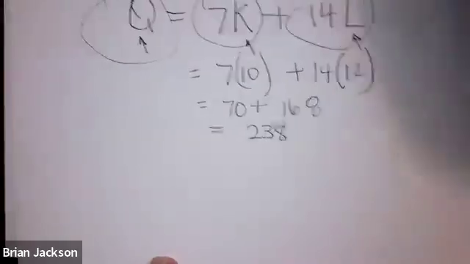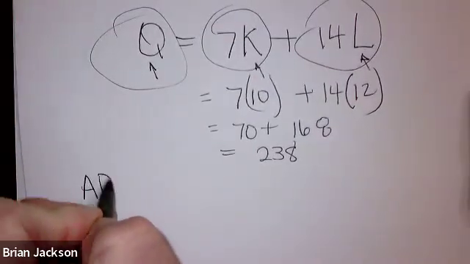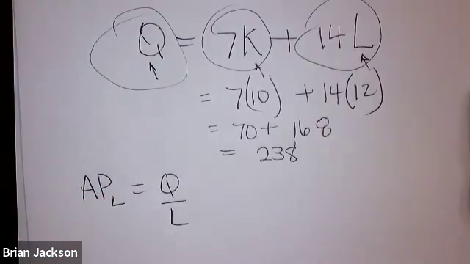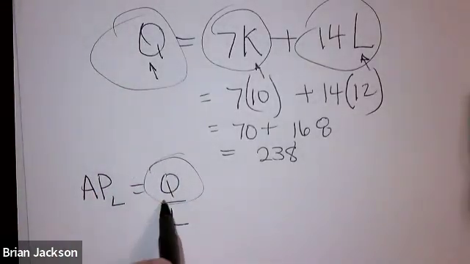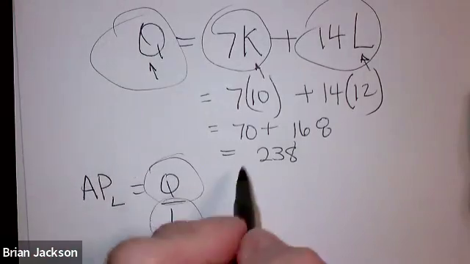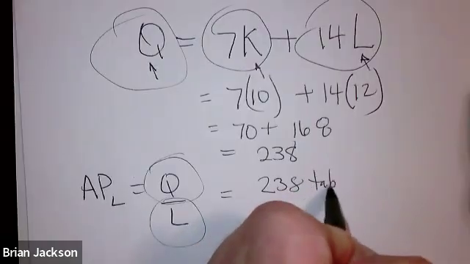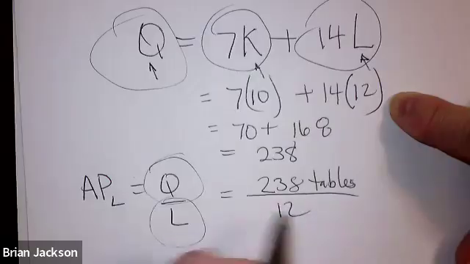At any rate, your book will have you find things like the average product of labor, where you just take Q over L. If you find the average of anything, you take the total output and divide by the number of workers. So this would be the average output per worker. In this case, for instance, this would be 238 tables divided by the number of workers here, which looks like 12.